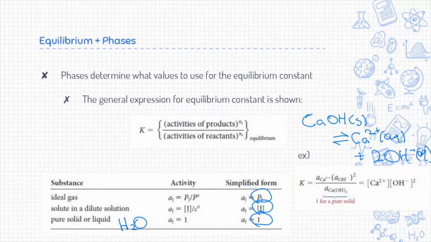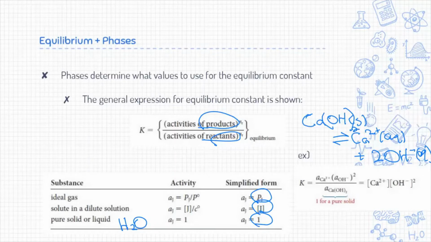Now, we know that the reactants go to the bottom and the products go to the top.